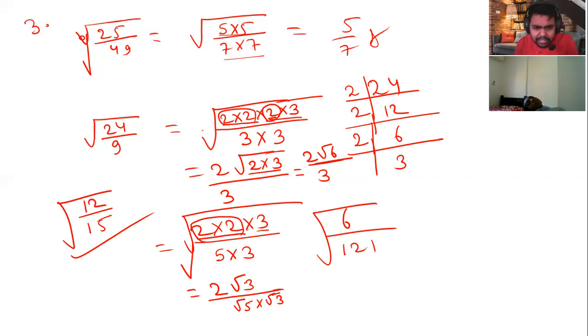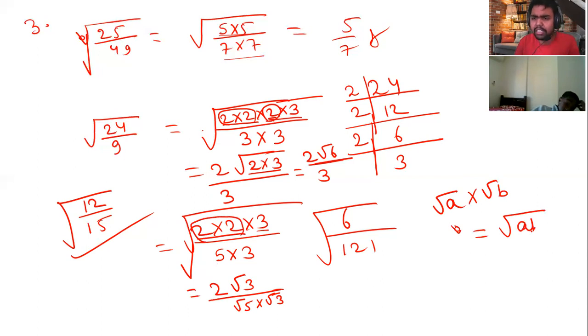Because here we have root 3 and root 3, and they can cancel each other. Actually, if you have root A and root B, you can write this as whole root AB. And if you have root AB, you can write them separately as root A and root B. This is another property of surds and indices.